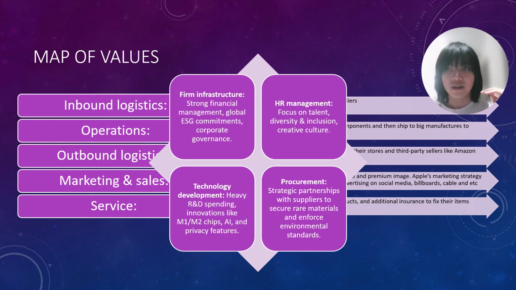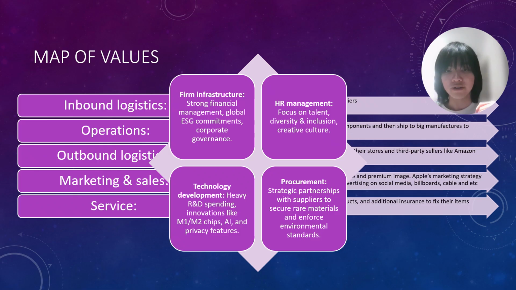And for the extra activities, which are still important to Apple but not extremely crucial, there is the HR management that is responsible for hiring the latest talent, the most talented people, in order to stay competitive and help Apple innovate their products.